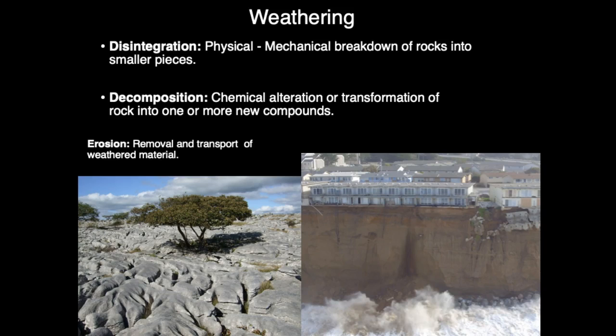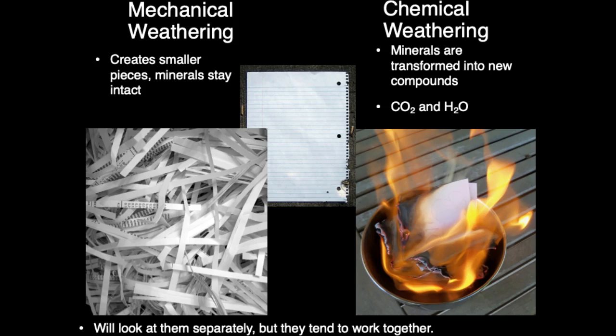So it's being eroded as the waves are taking it away from the cliff and transporting it somewhere else. But it's getting weathered just by the water that infiltrates the grains and by the wind that makes them weaker. Another example here is a piece of paper.